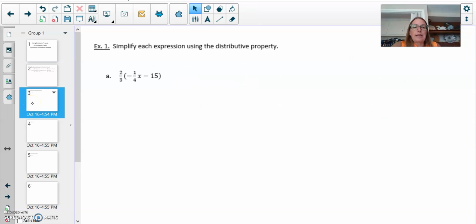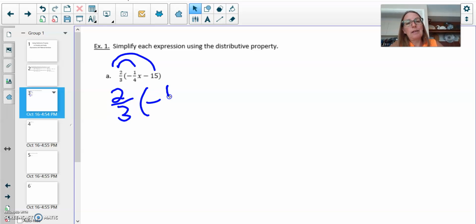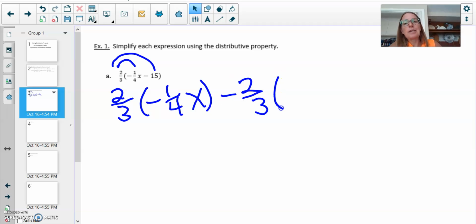So simplify each expression using the distributive property. 2/3 times the quantity negative 1/4 x minus 15. So I'm going to multiply each term in the parentheses by 2/3. So it becomes 2/3 times negative 1/4 x minus 2/3 times 15.